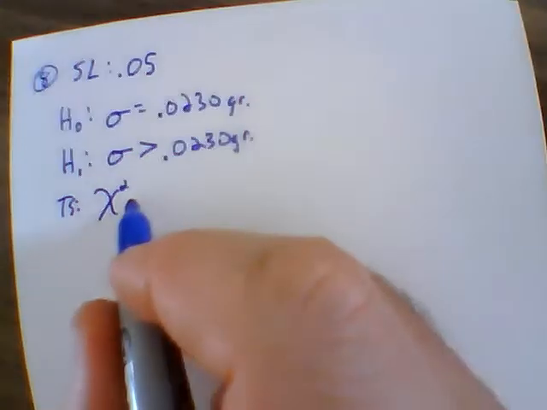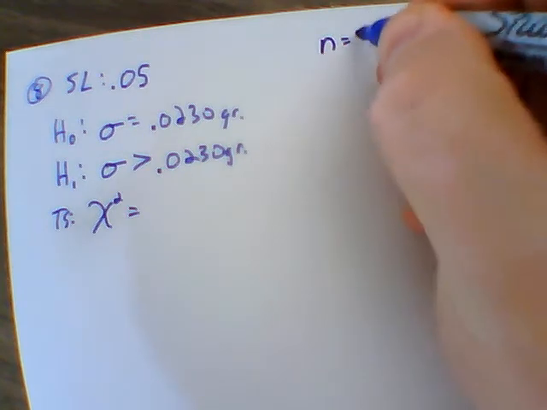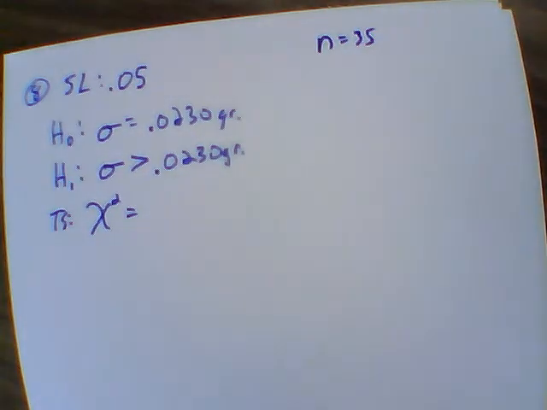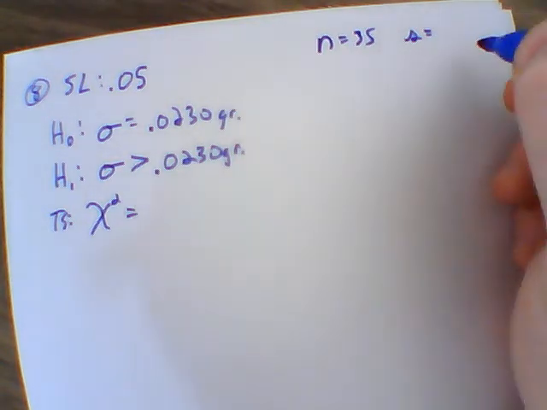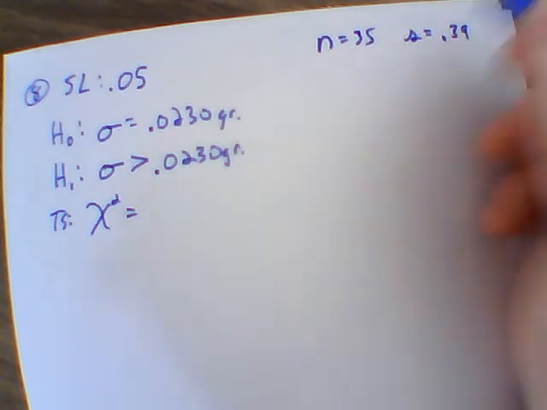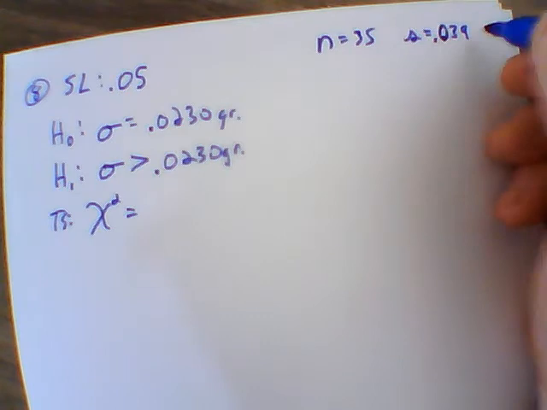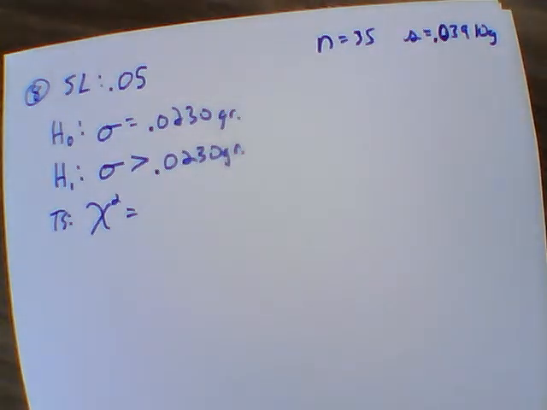So we're looking at this, and we see that if I come up here, our sample came from 35 pennies, once again, with a sample standard deviation of 0.03910 grams.